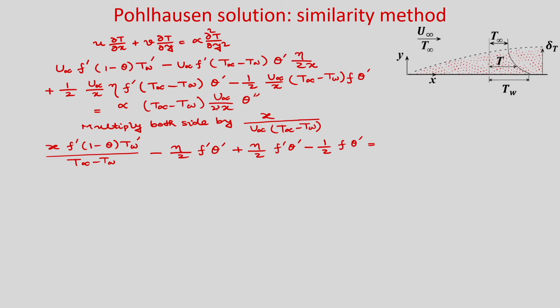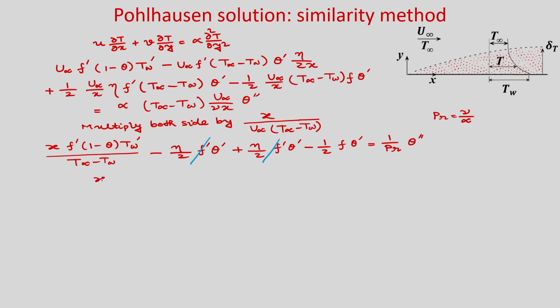Okay, that means it is 1 by Prandtl number, because Prandtl number is nu by alpha, right. Prandtl number is nu by alpha. Okay. Momentum diffusivity to thermal diffusivity. So, you can write 1 by Prandtl number and theta double prime. So, here you can see this is T infinity minus T w, it is 1 minus theta.